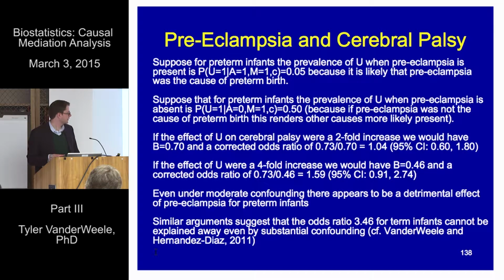So we seem to have pretty good evidence for a detrimental direct effect for term infants, and possibly, due to unmeasured confounding, maybe an actual detrimental direct effect for preterm infants as well, sort of contrary to what the initial estimates suggested.